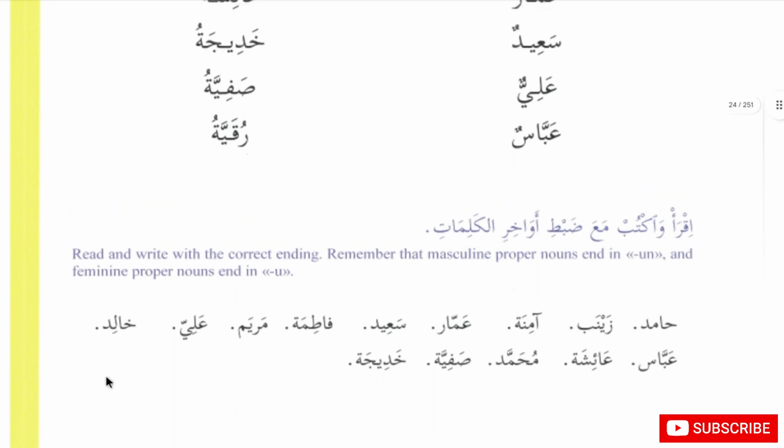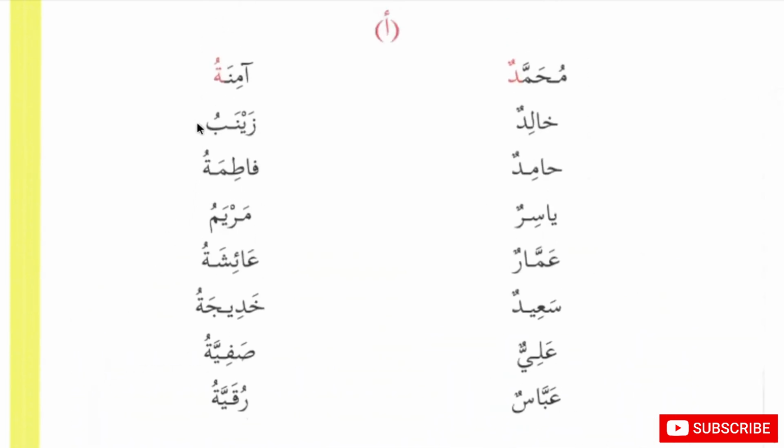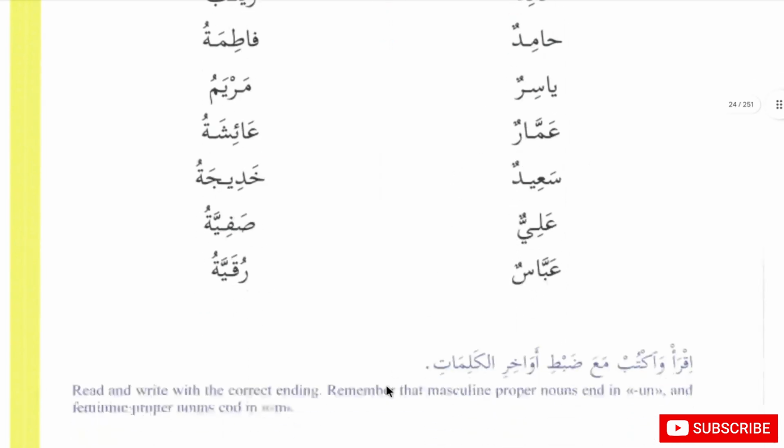Now, one thing is that female names will not end with the double tanween, so they'll only have a single dhamma, kasra or fatha, depending on the state. So they will never have tanween, as you can see here. But all these male names do. There are some male names that don't, but we will see that in the future, inshallah.